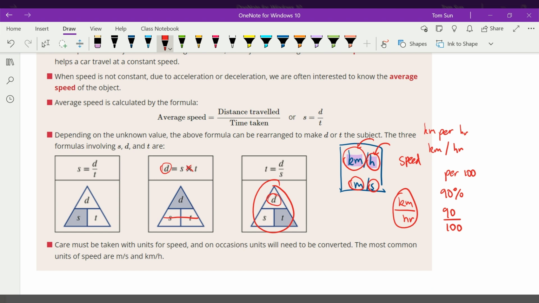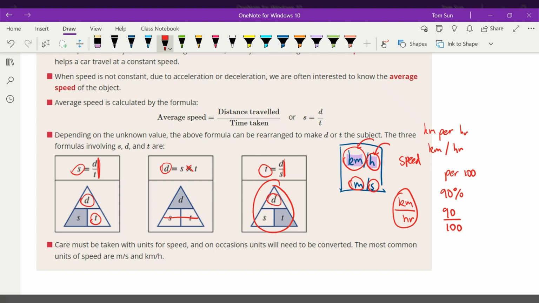For speed and time, the distance is at the top and time is at the bottom, vertically, so speed is distance divided by time, and time is distance divided by speed. That's how you read the triangle.